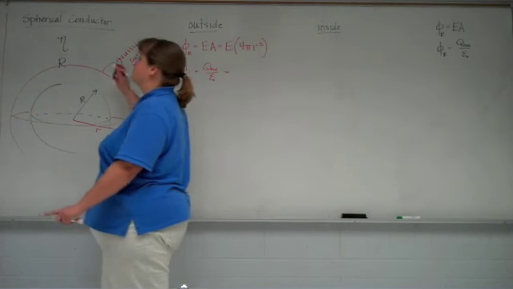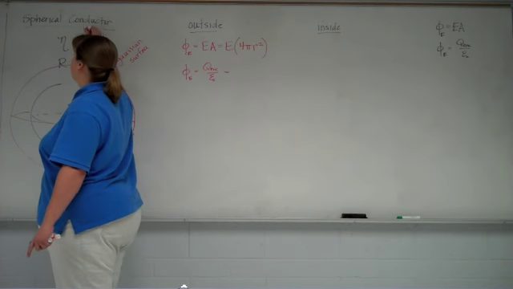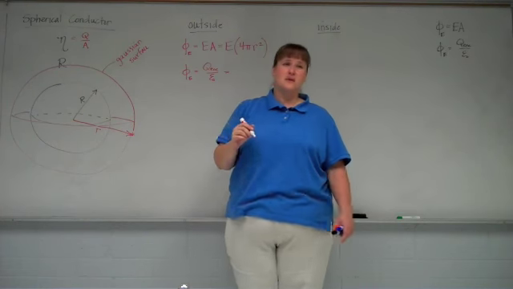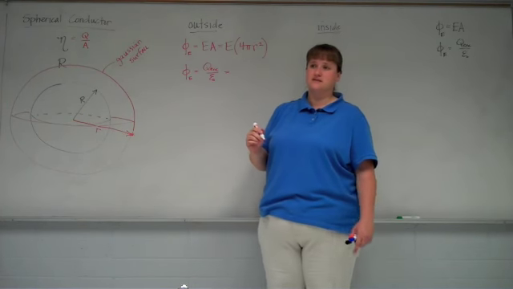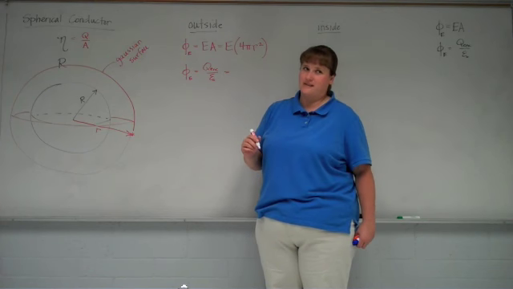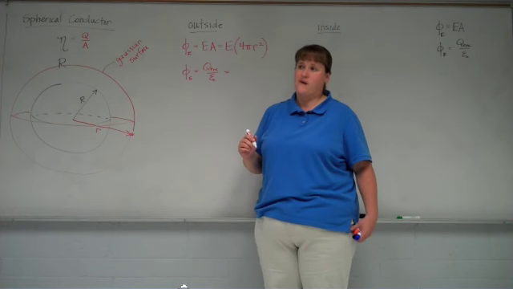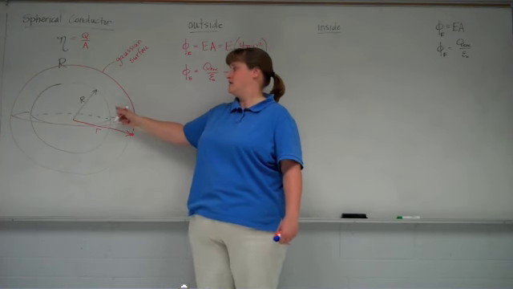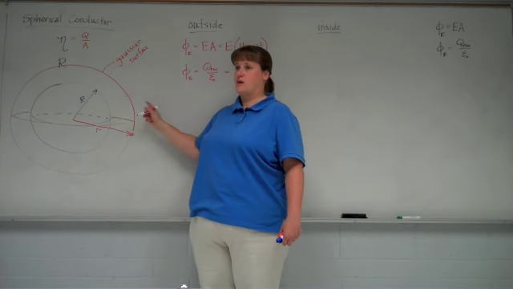Not divide by area. Multiply by area. Eta remember is the ratio of charge per area. Now we have to be careful. The area of what? This guy? The sphere on the inside. This guy. Why not this guy?